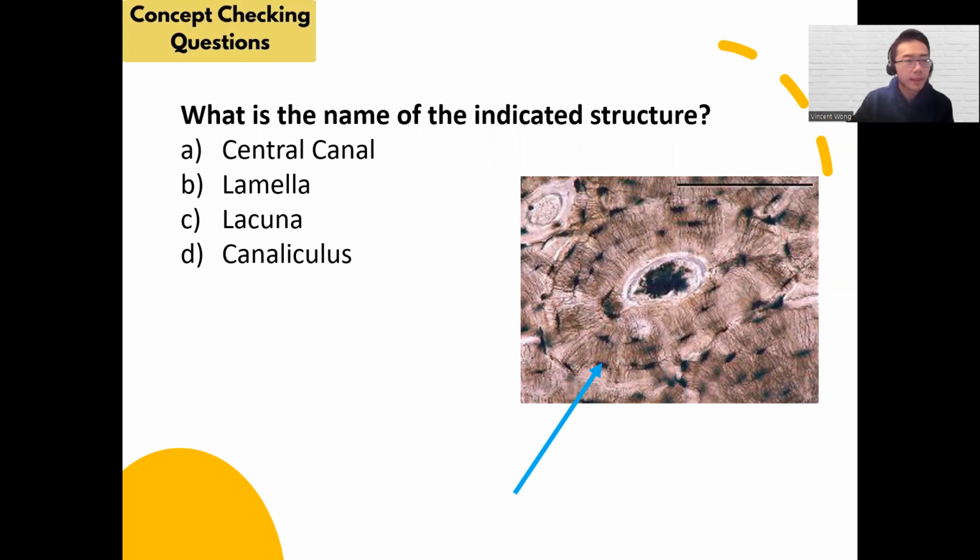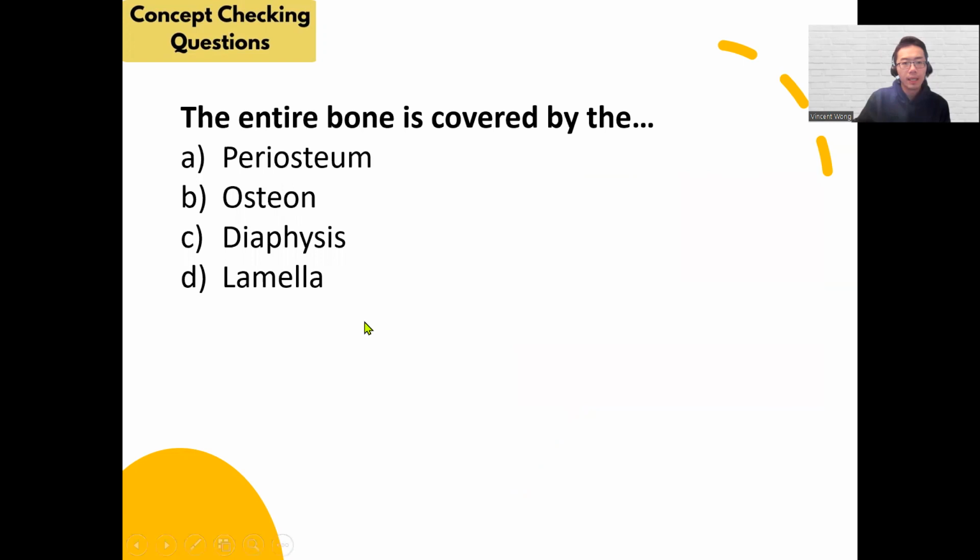Okay, good. That would be the lacuna. All these lines that are coming out of it, that's the canaliculi. Okay. How about this one? This is a simple one.